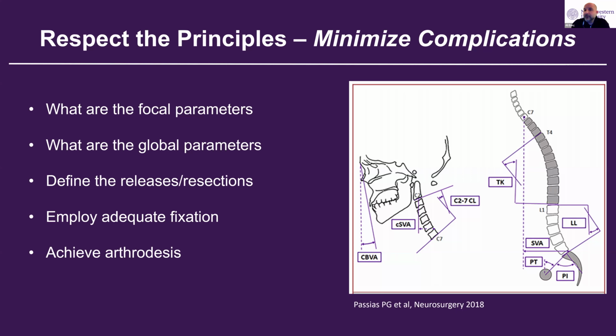If it is in fact a significant deformity, and I'll show you a complication actually of mine, where we try to get a little bit less invasive, and sometimes that's just not the right thing to do. So employing adequate fixation, and of course, ultimately achieving arthrodesis. We're not talking about motion preservation. We're talking about deformity surgery. We're talking about stabilization and fusion.